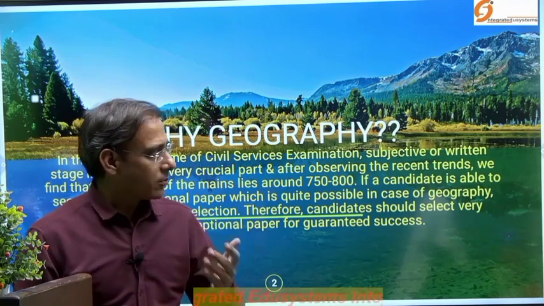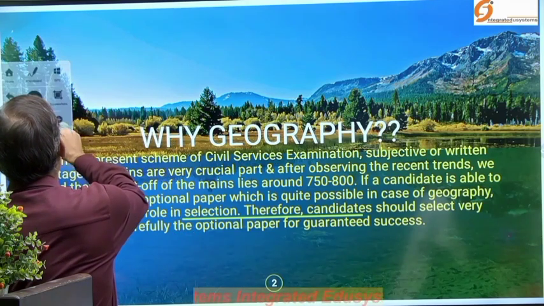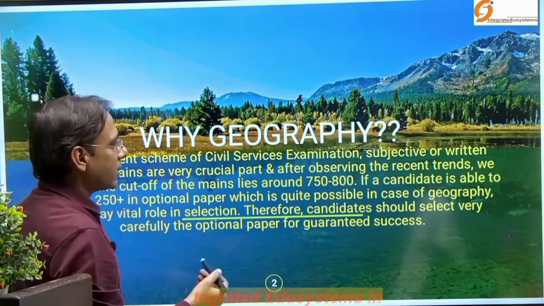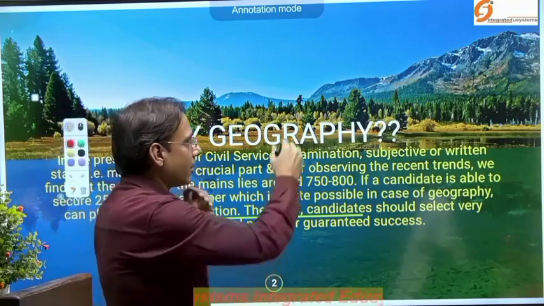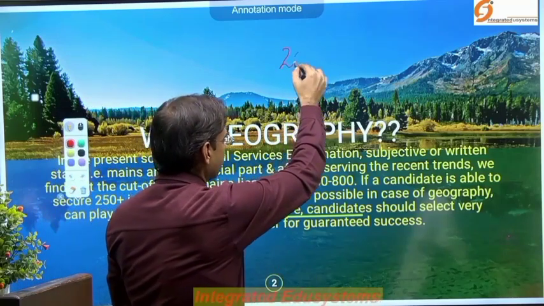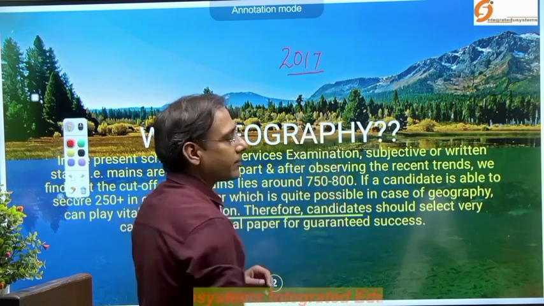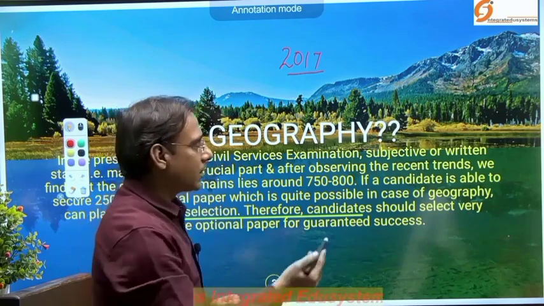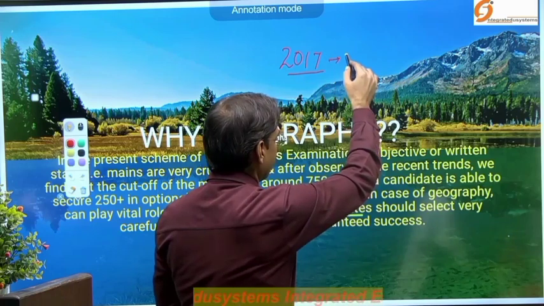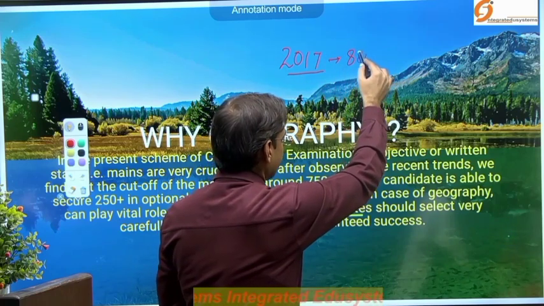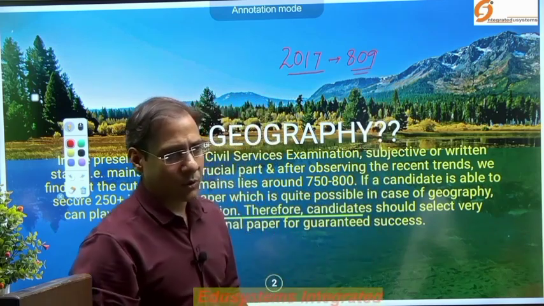When you look at the recent past, I have recent surveys and data. In 2017, the cutoff of the mains for the general category was almost around 809 in 2016-17.